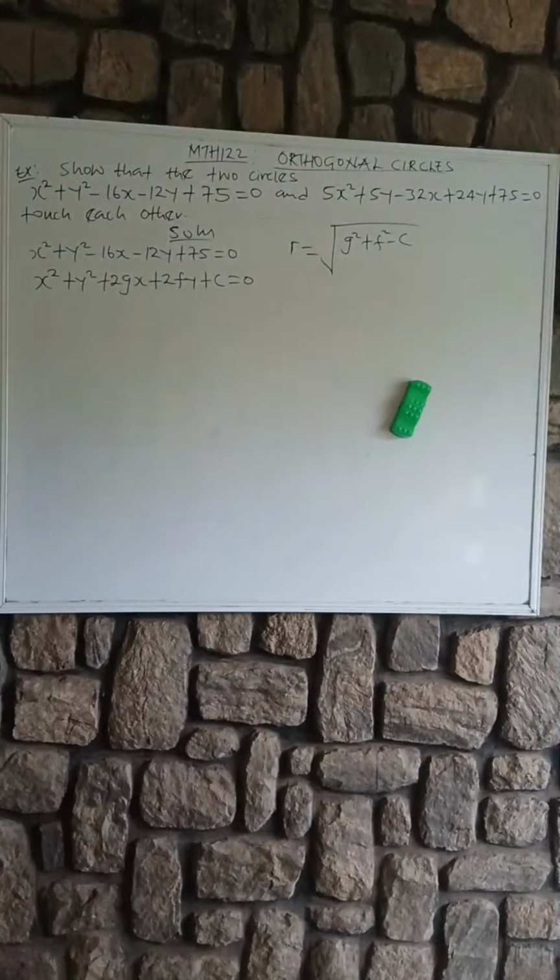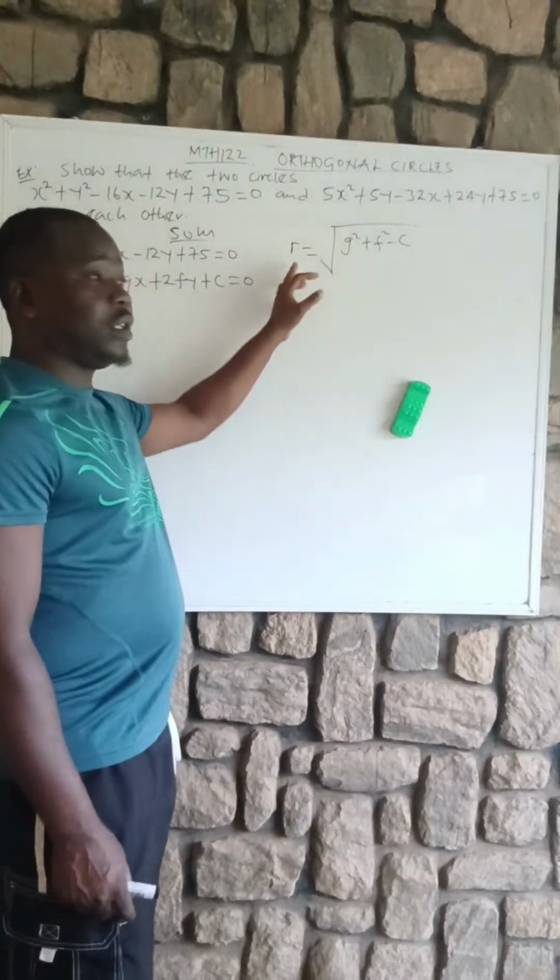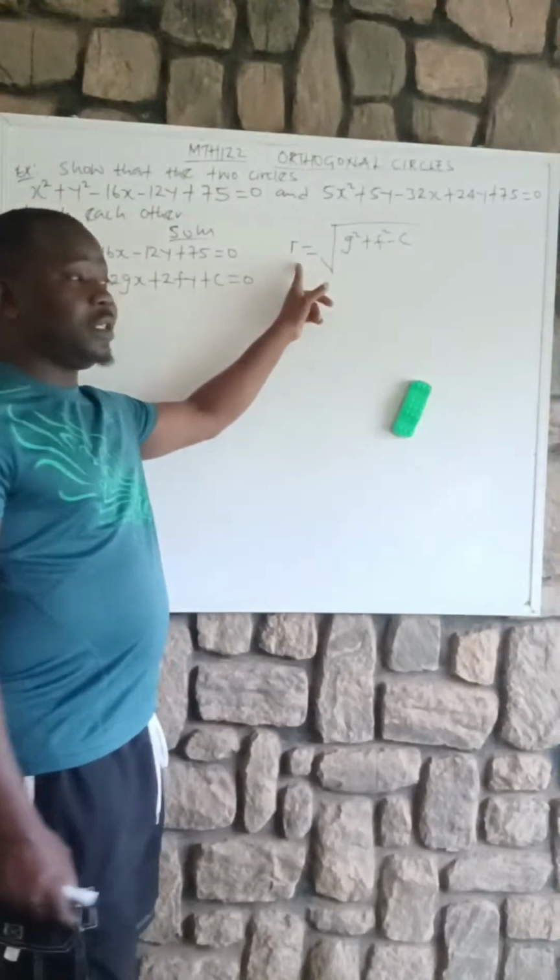So it means it will require us to consider the distance, the radius, and the equation of a circle.